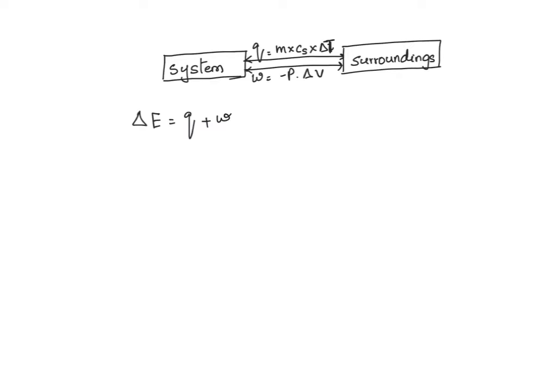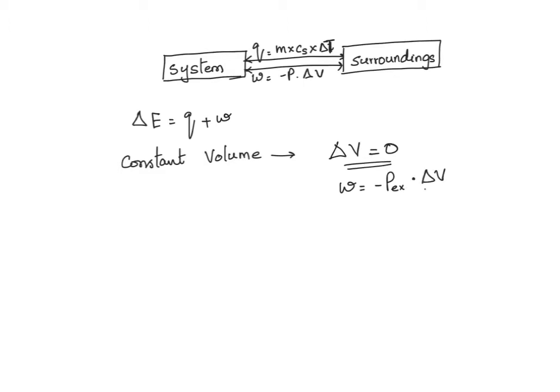Now, if a reaction is being carried out at constant volume, what does constant volume mean? The volume of the reaction does not change, meaning delta V will be 0. If delta V is 0, then this particular factor in work will become 0.